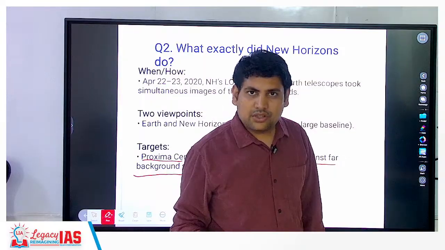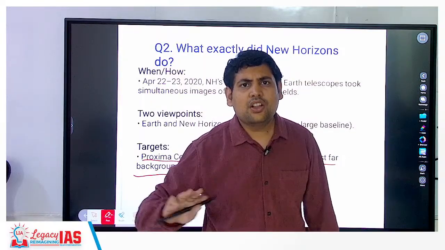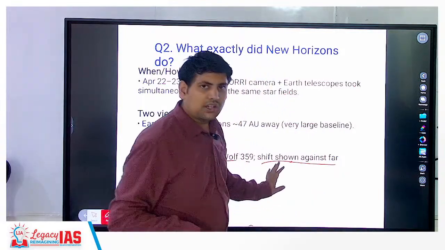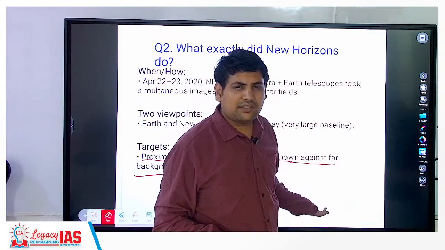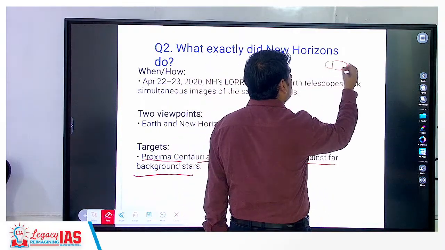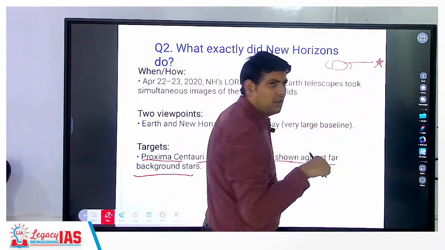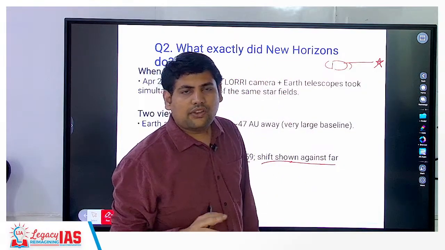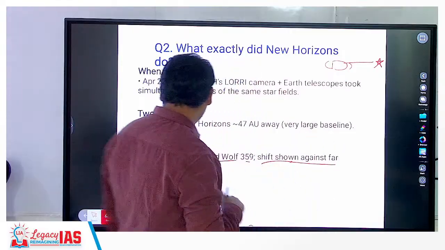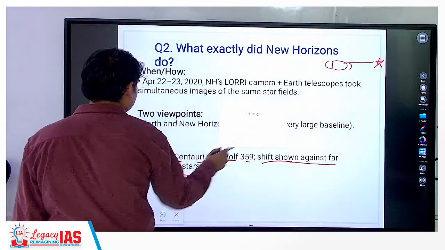So as to show two different variations. Because you have to show multiple samples, then only a concept gets proven or gets shown clearly. That's why they have used two stars. Otherwise, just one satellite and one star is enough. Why? Because some distance you will already know. That's it.